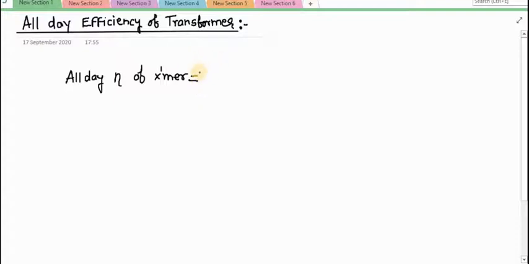So I can write down all-day efficiency of the transformer as energy output in kWh. Why kWh? Because this transformer primary is connected to the power lines permanently to give the service to the consumer for all 24 hours or throughout the day. That's why the efficiency is expressed in terms of energy, right?